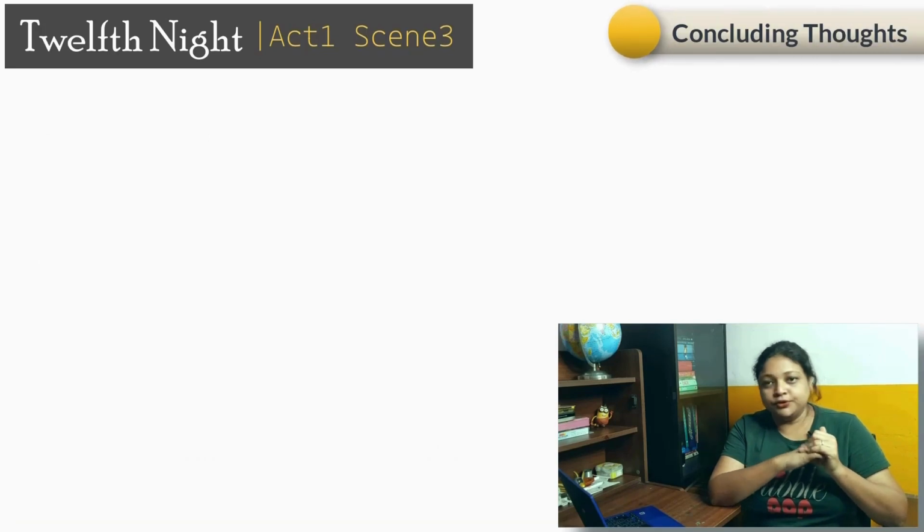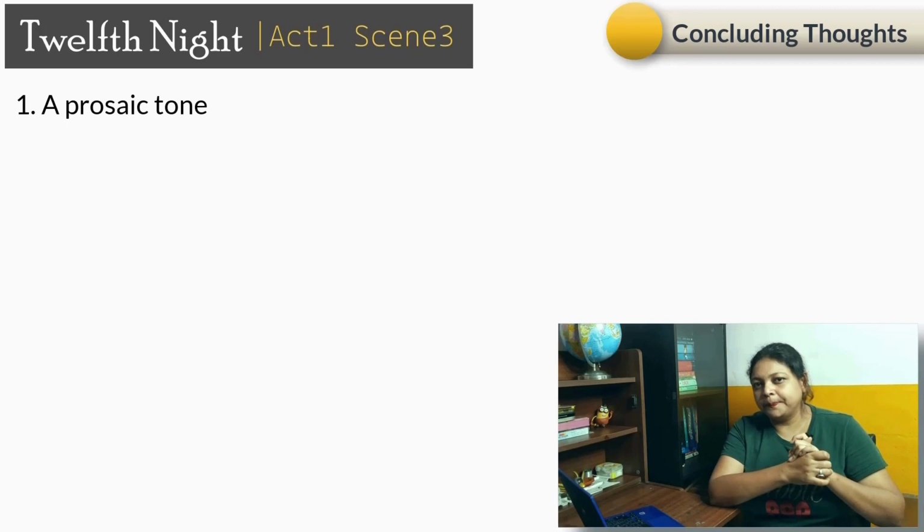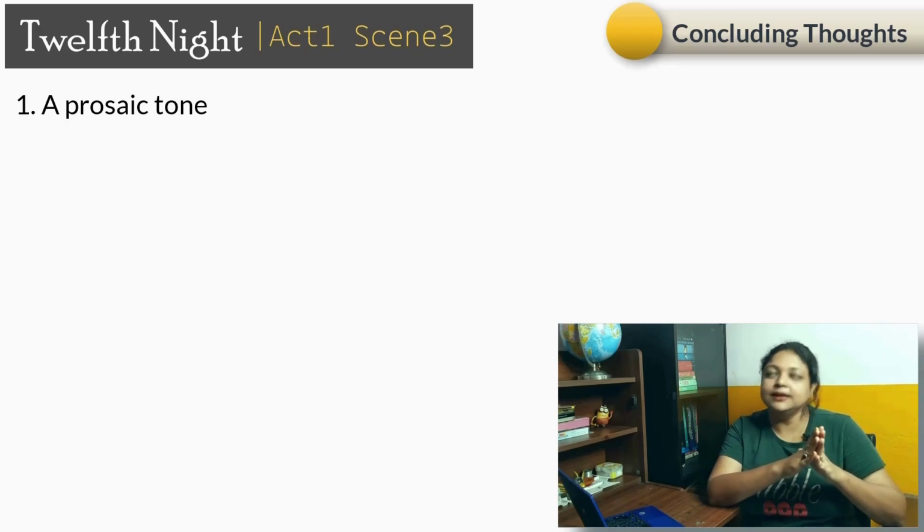Now, after the first two scenes, this scene creates a kind of difference so far as tone is concerned. The previous two scenes were pretty poetic. Even Viola's realistic, apparently prosaic conversation with the sailors had poetic elements in it. You remember the words she said, what should I do in Illyria?